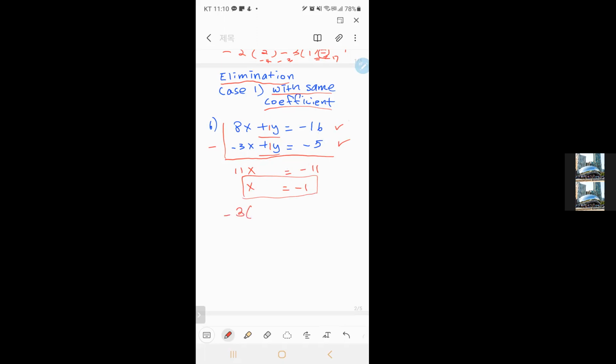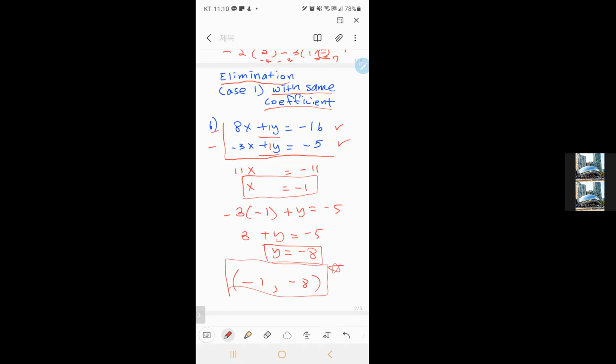So minus 3 times minus 1, be careful of the sign, plus y is minus 5. So 3 plus y is negative 5, y is equal to negative 8, and there's my second value. So my final answer is minus 1, comma minus 8.